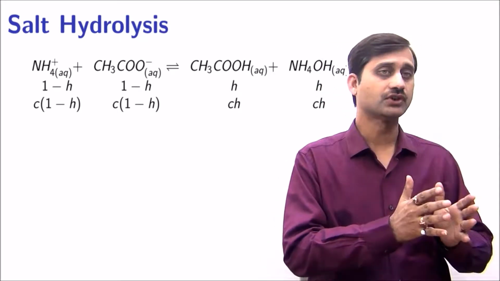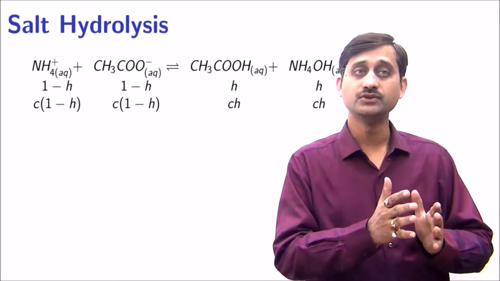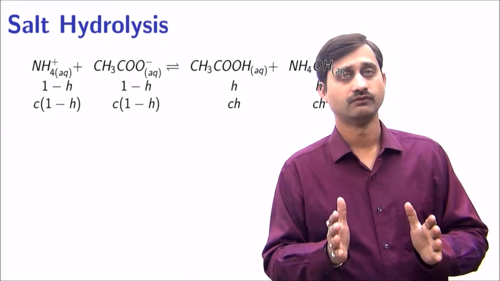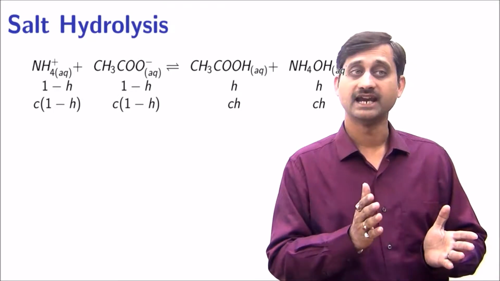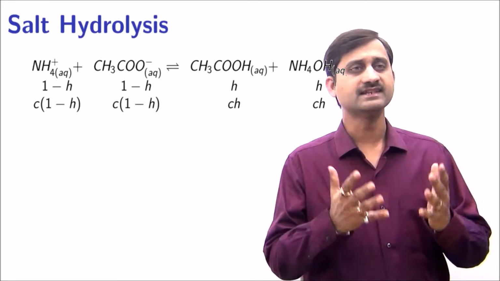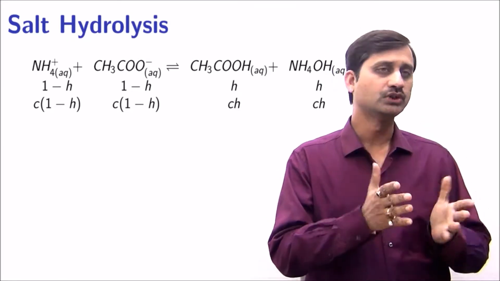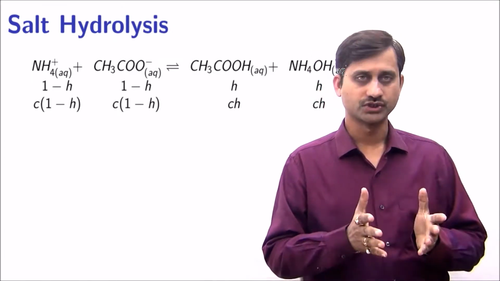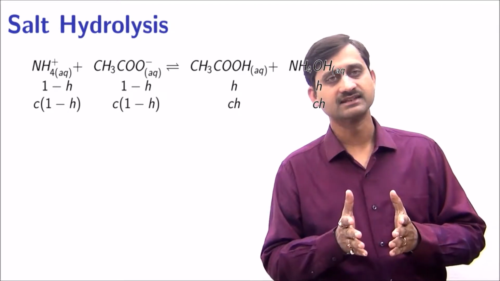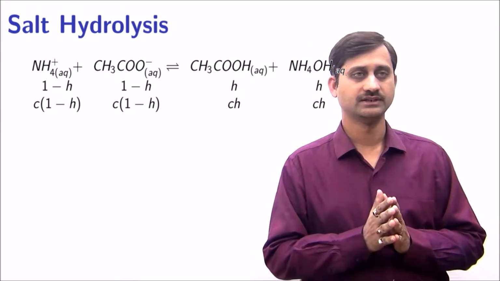So in this rare salt, we can use the same value for degree of hydrolysis of both ions, that is H. In this case, ammonium ion and acetate ion interact with water to form acetic acid and ammonium hydroxide.